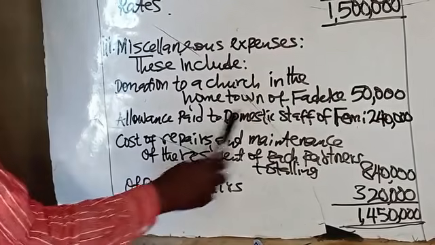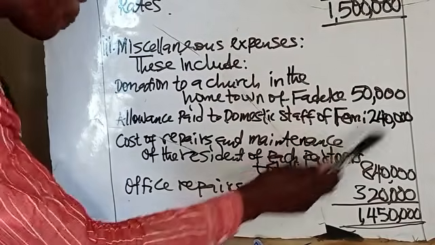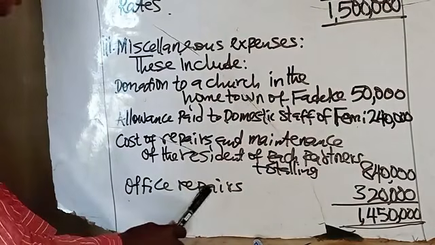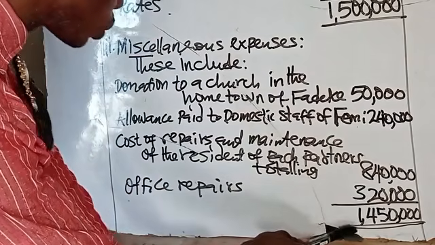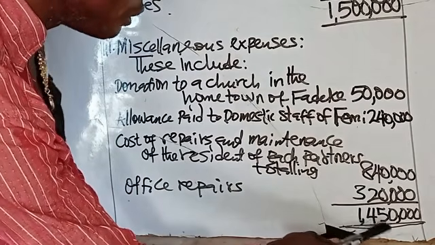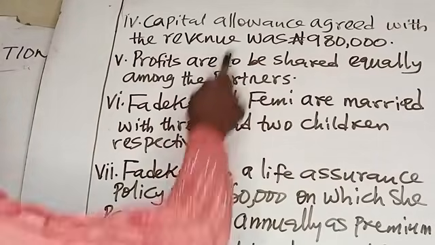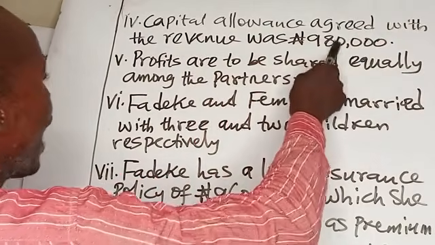Cost of repairs and maintenance of the residence of each partner totaling 840,000 naira. Office repair, that is 320,000. The total is 1,450,000 naira. Number 4. Capital allowance agreed with the revenue was 980,000 naira.